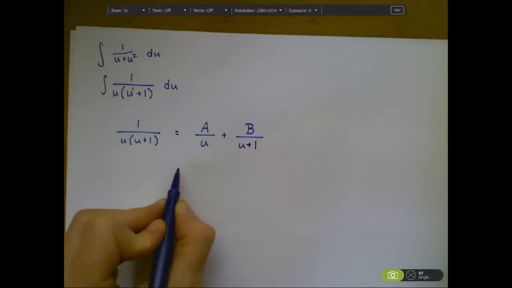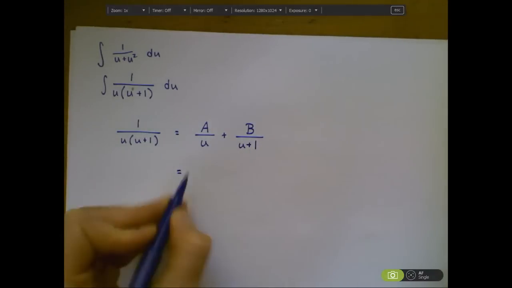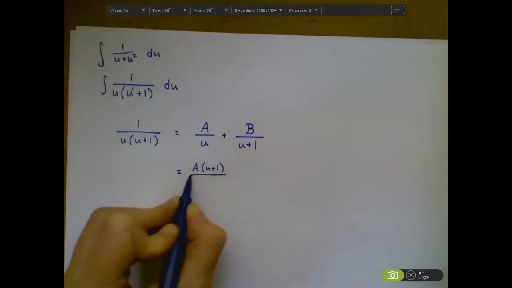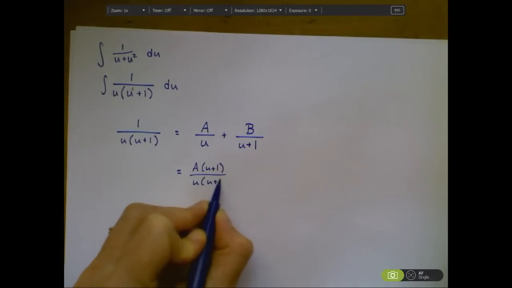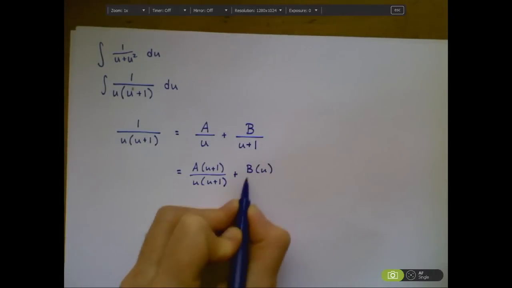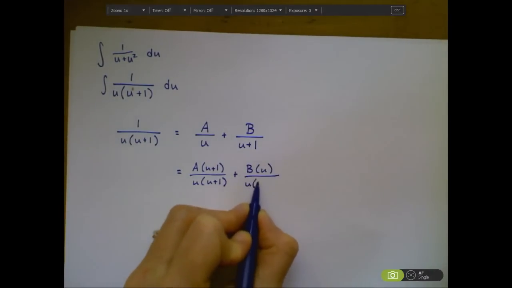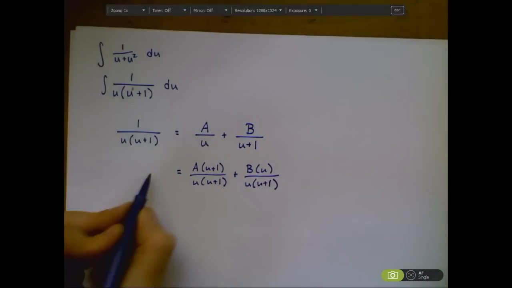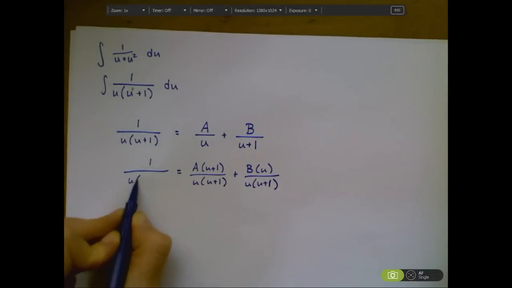You could do this formulaically, or you can see that on the right side we get a times u plus 1 divided by u times u plus 1, plus b times u divided by u times u plus 1. So I'm getting a common denominator because that's exactly what my original fraction was equal to.